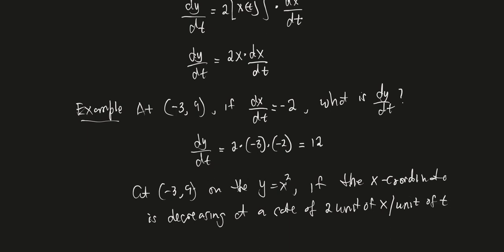So if we're on this parabola at this specific point and our x coordinate is decreasing at a rate of 2 units of x per unit of t, then what did we just show? We showed that the y variable will be increasing at a rate of 12 units of y per unit of t.